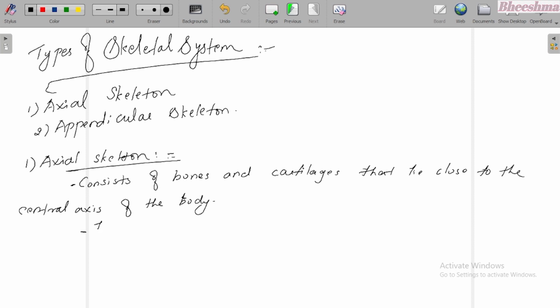It includes the first one, skull. Next, auditory ossicles.